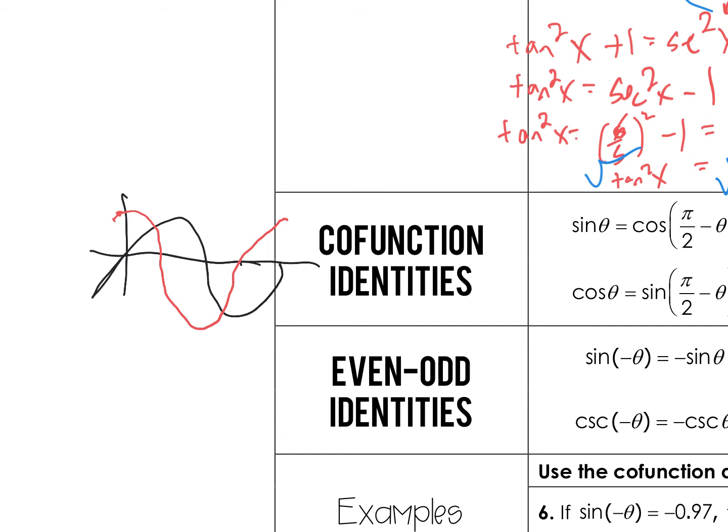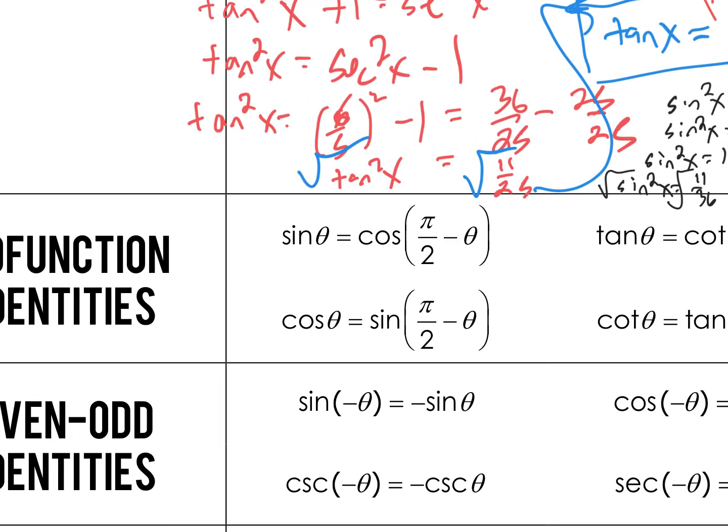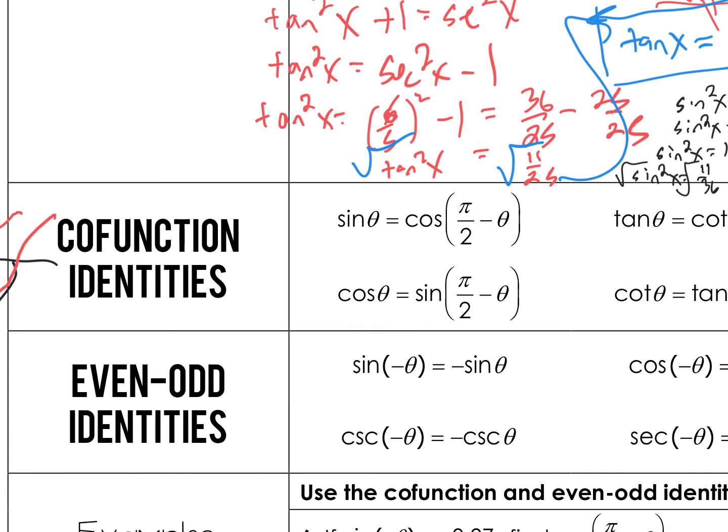In other words, if you move the cosine graph a little bit this way, this red would line up to here. So it would line up by just shifting it. That's what's happening. Sine and cosine are just a shift of each other.